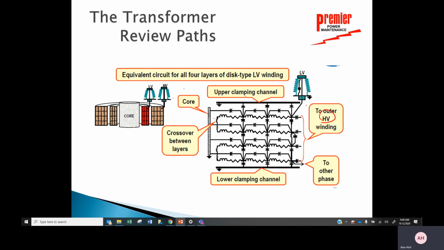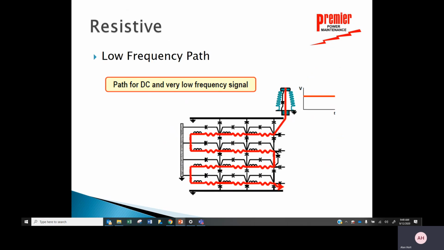Now, if I put my signal here and I try to respond and look at it back here, let's just look at some things. If I look at a path for DC and very low frequencies, I have to remember 1 over 2 pi FC or 2 pi FL. Low frequencies, this is the guy. At low frequencies, X of C is very high.